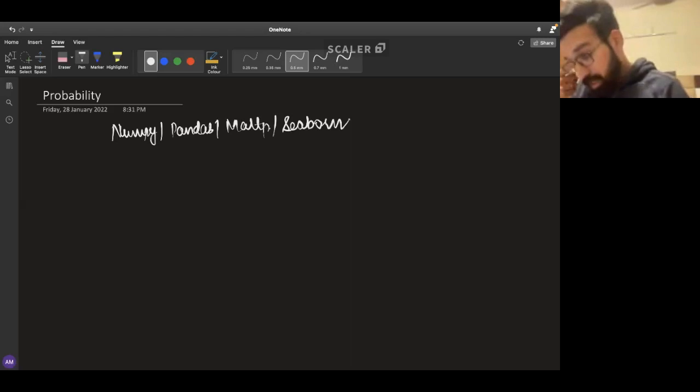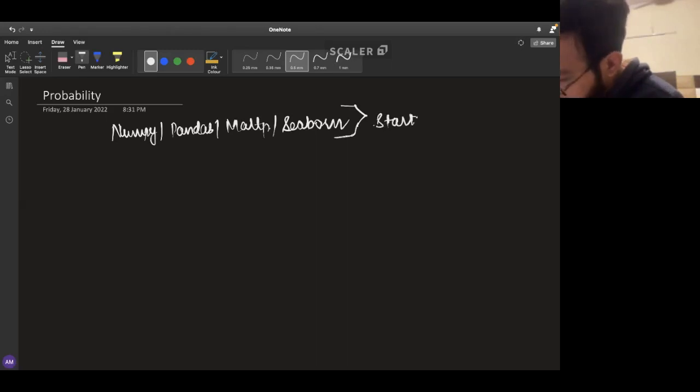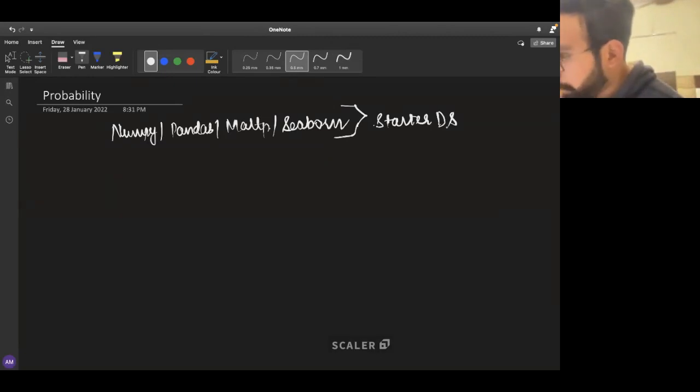That's all we've done until now. These are basically, I would say, the starter of data science. This is not really data science, but toolkits which help you do things in data science.